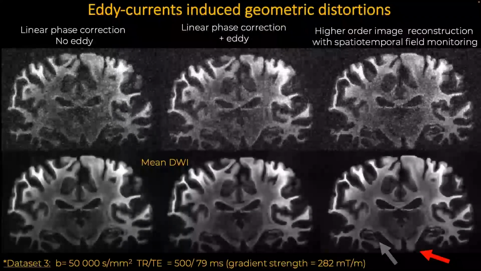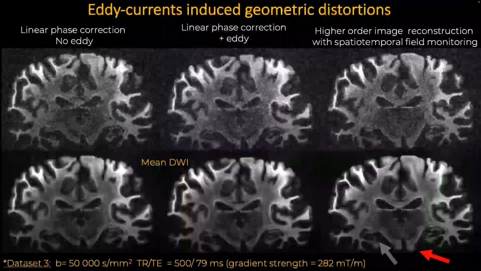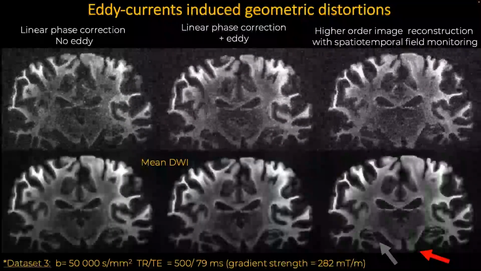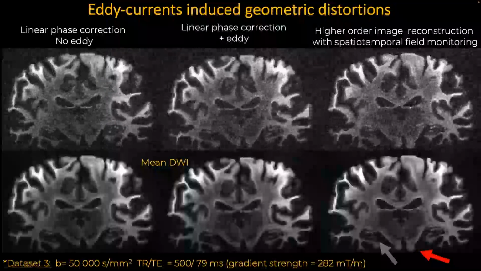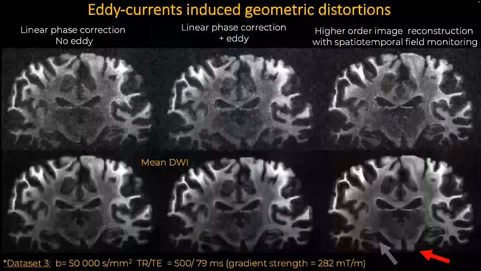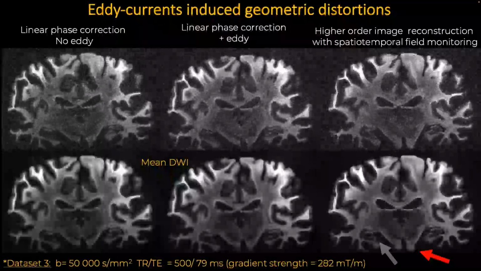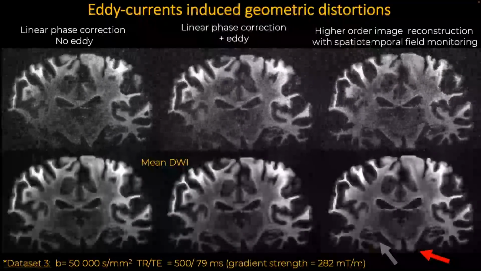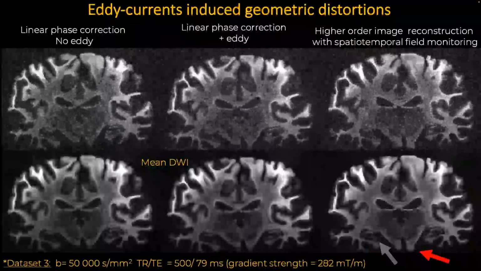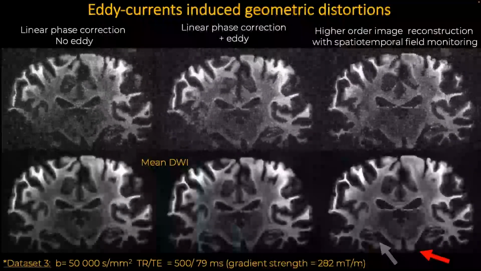And another benefit that I would like to address, that I mentioned in the title of this talk, is the fact that we can achieve distortion-free images. Of course, we know that there are very popular techniques like eddy from the FSL tool that can correct for eddy current distortions by doing a registration.